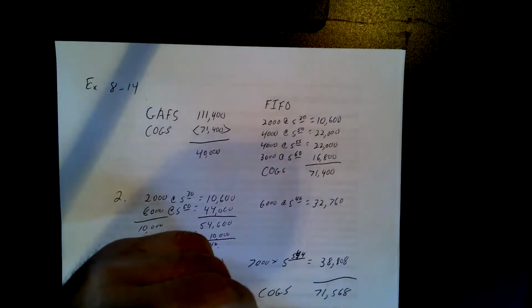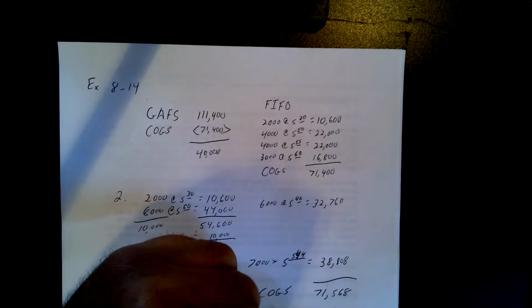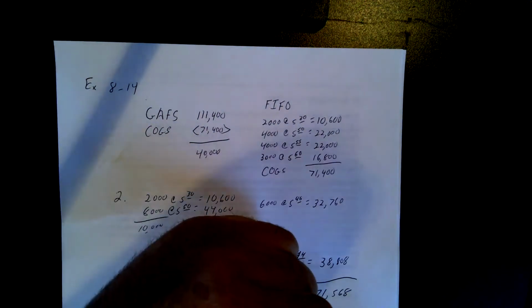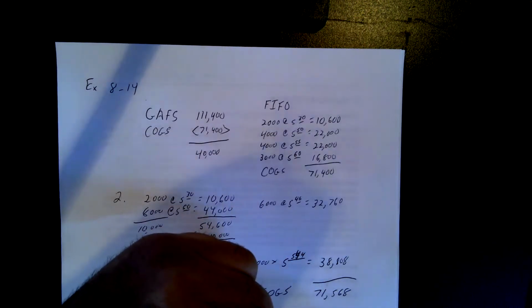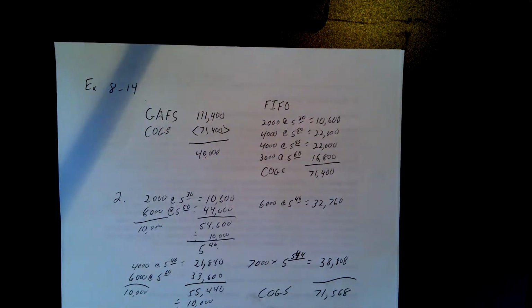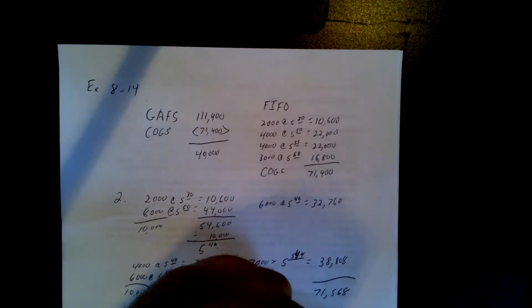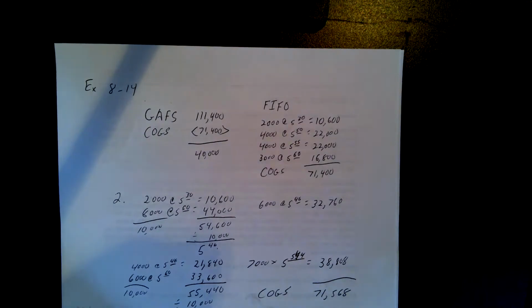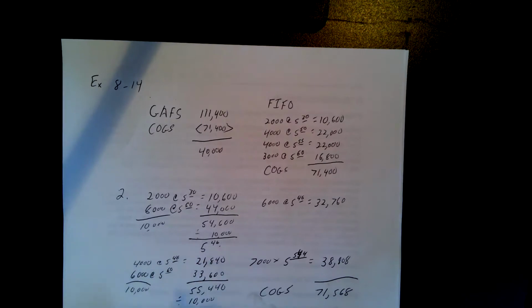We can check that by taking goods available for sale of 111,400 minus cost of goods sold, 71,568, gives $39,832, and so that's our ending inventory, and it checks out. All right, so that is exercise 8-14.